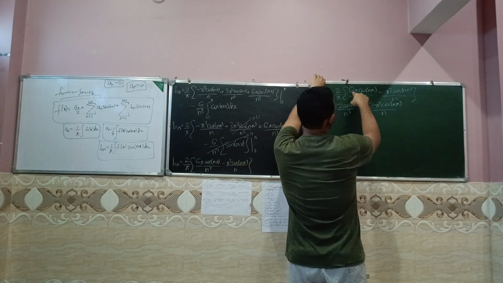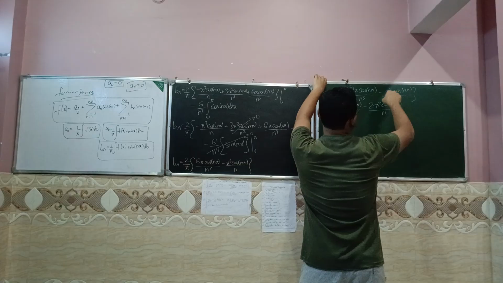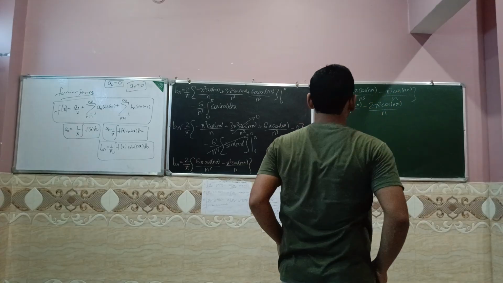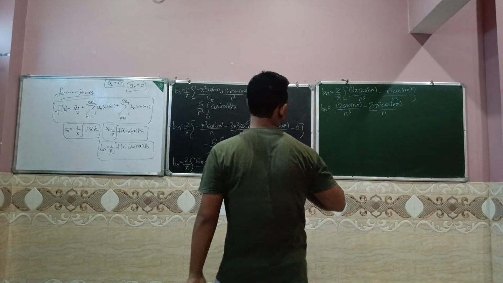This pi cancels the other pi, and pi squared is left. So we have bn as that thing.